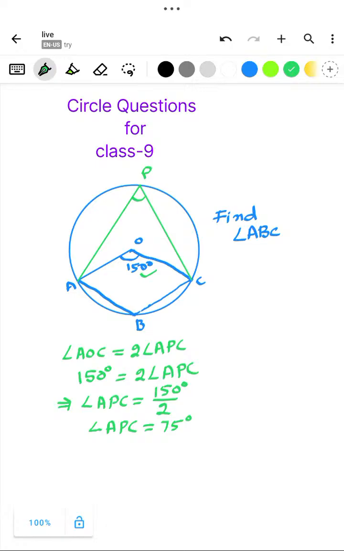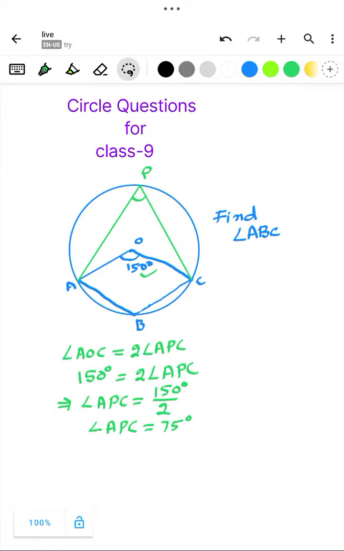Okay. Now in the figure we can clearly see that A, B, C and P, these 4 points are on the circumference of the circle. So ABCP is a cyclic quadrilateral, right?